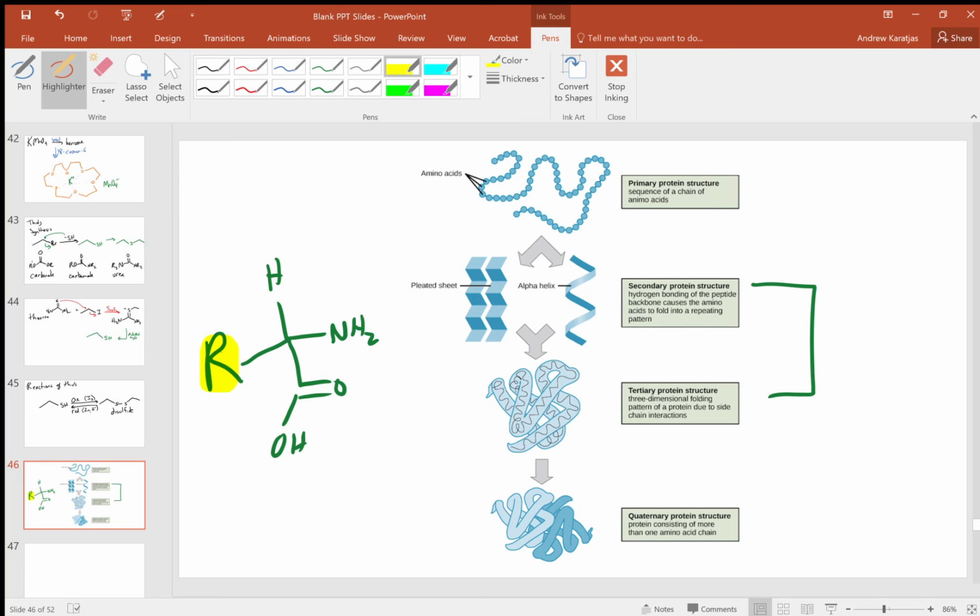And how that amino acid functions is based on what the R group is. And so the folding of the protein chain is done through the attraction of amino acids that are not next to each other. Now, in the case of where the R groups are nonpolar, we get a van der Waals attraction. If we have things like alcohols and amines, we can get hydrogen bonding.